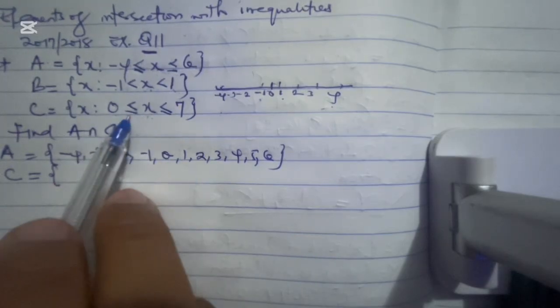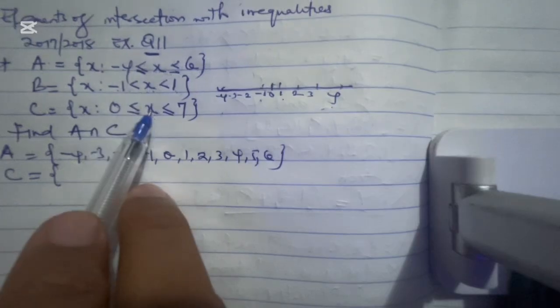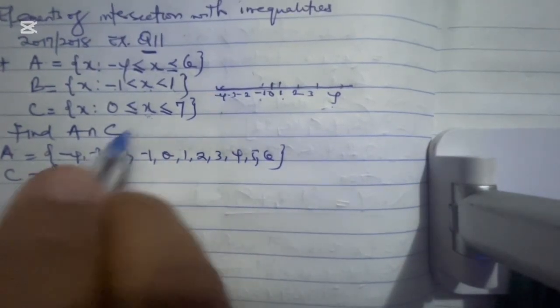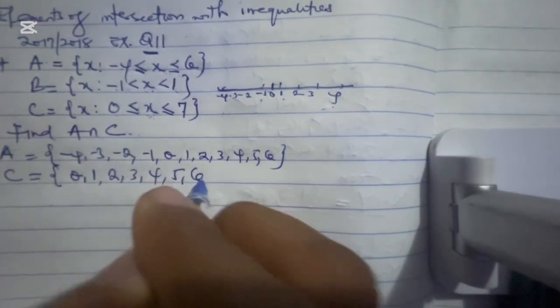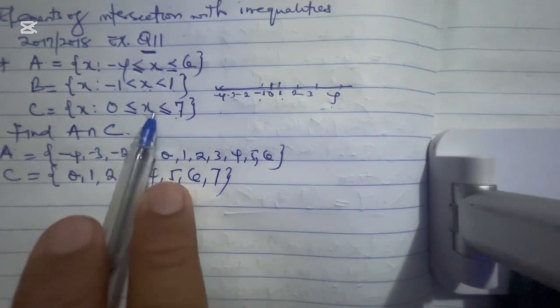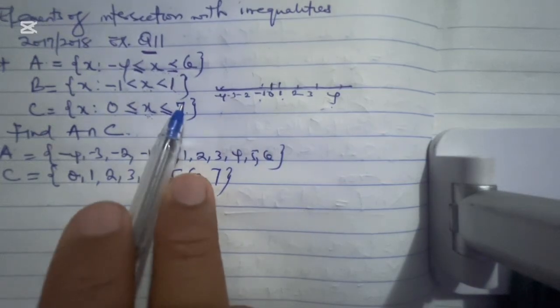If 0 is less than or equal to x, it means that x is greater than or equal to 0. So you have to start from 0 and move forward to positive 7. So 0, 1, 2, 3, 4, 5, 6, and 7. Why are you stopping at 7? Because in this case, x is less than or equal to 7. That's why you must stop at 7.